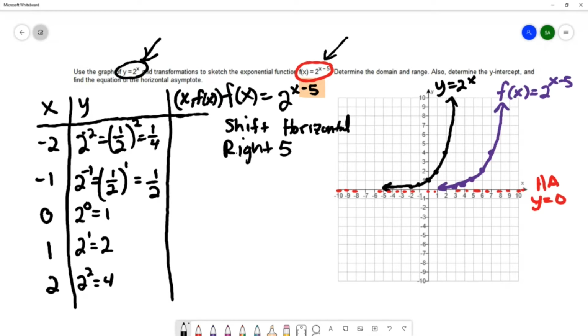So on the original graph, we have the ordered pair negative 2, 1/4. If we shift to the right 5, I am adding 5 to the x-coordinate, and that moved to 3, 1/4.